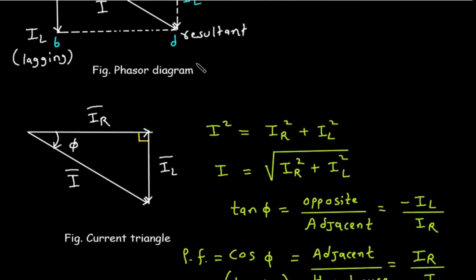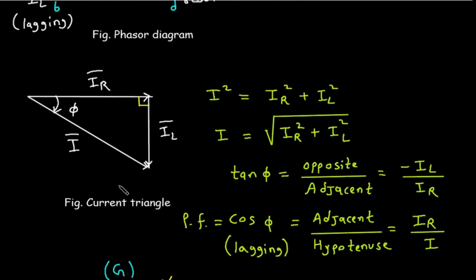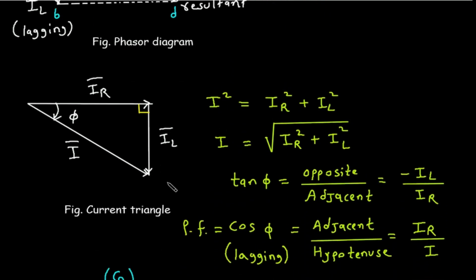Now from the phasor diagram, we can draw the current triangle. In the case of the current triangle, the values of all sides of the triangle will be in current form. So this will be the current flowing through the resistor, this will be the current flowing through the inductor, and this will be the total current.